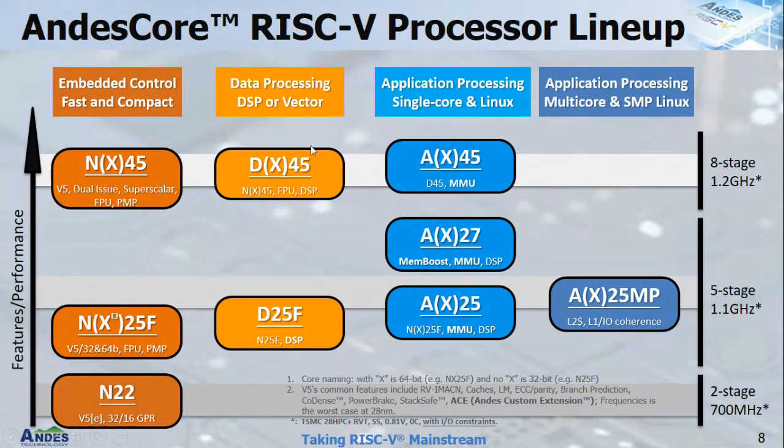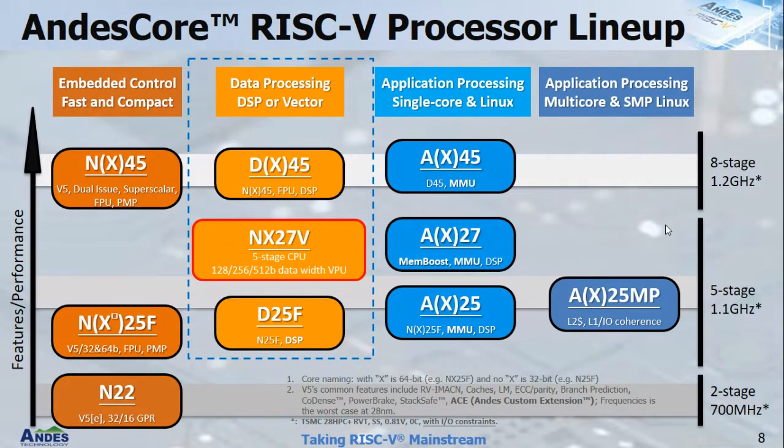Then if you do some more number crunching, you can see our data processing cores here. And then last but not least, we are adding a memory management unit, so you can run an embedded Linux. And we also have cores which have L1 and I/O coherence, as well as L2 cache. So it's a multiprocessor cluster for running Linux on multiple cores. What we think is great in RISC-V is the data processing.